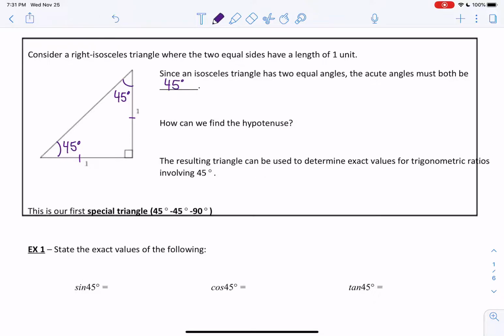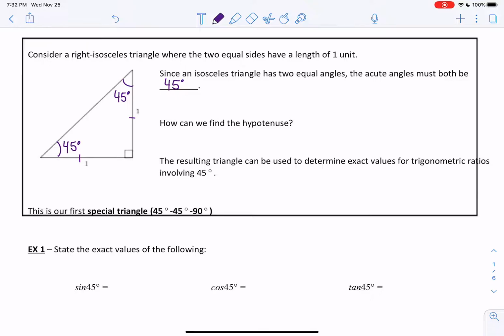This is because the total interior angles of a triangle equal 180 degrees. We've used up 90 with that right angle, and then we split the other 90 between those equal angles, so 45 each.